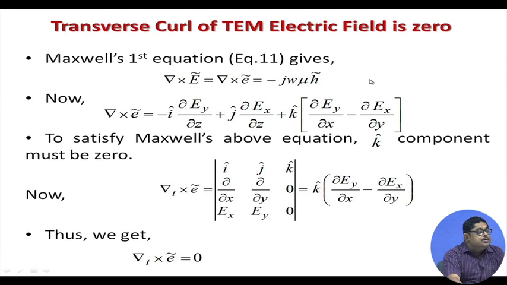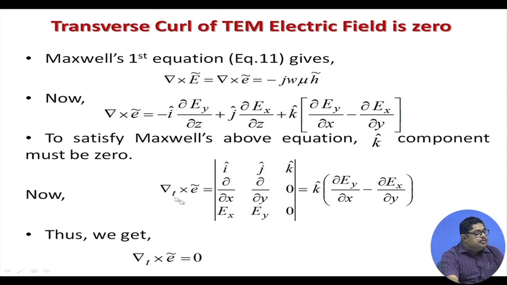Now you see that the right side does not have any z component, and on the left side we have written del cross this transverse electric field, so it has a k component. Now to satisfy this equation, this part should go to 0. So the k component must be 0.